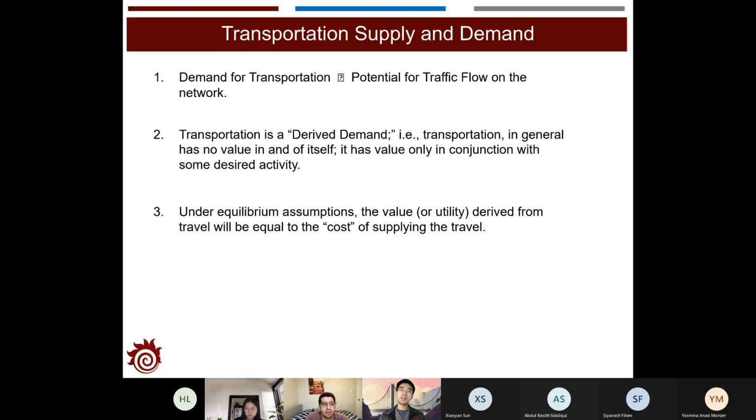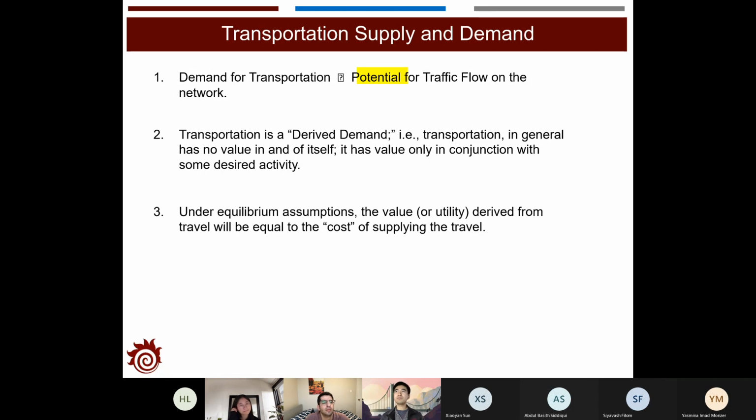The other part is the cost that you have to spend for the trip. For transportation supply and demand, we want to make sure that the utility derived from the travel will be the same as the cost of the trip. So those are the three important assumptions we have made before we start the transportation supply and demand analysis.